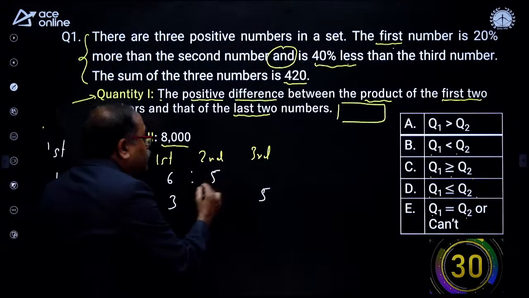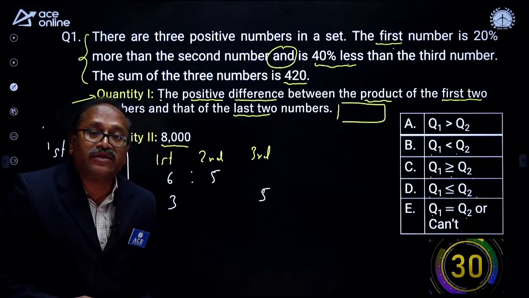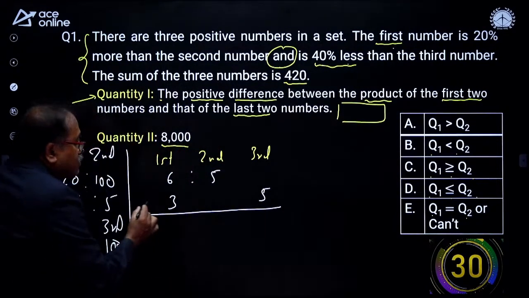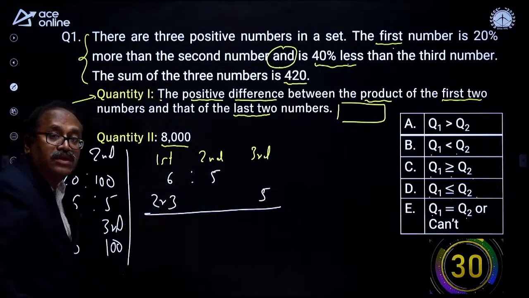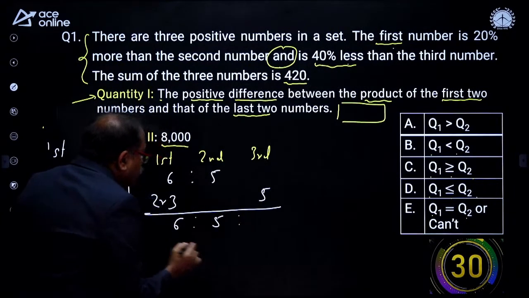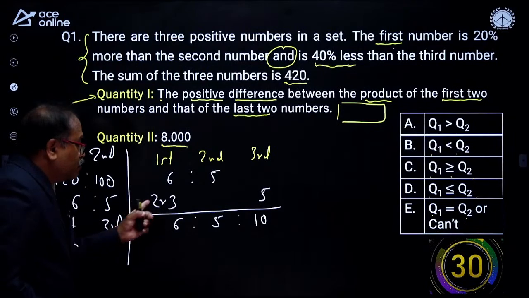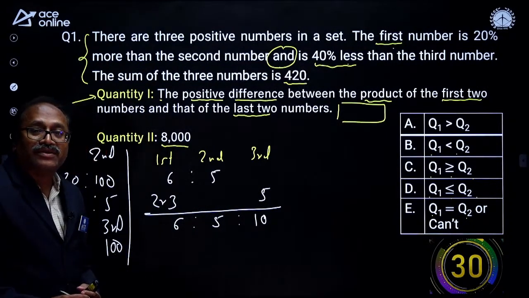We know that when two ratios are there and one term is common, we can find the continued ratio. If I multiply this by 2, this becomes 6, and it becomes common. So 6:5 becomes 6:10, and here 2 into 3 and 2 into 5. This is the ratio given to us.